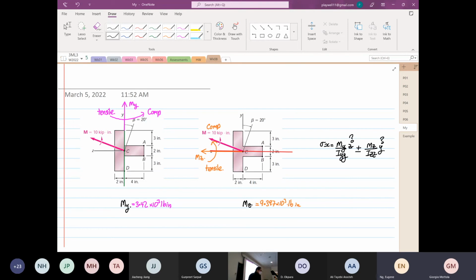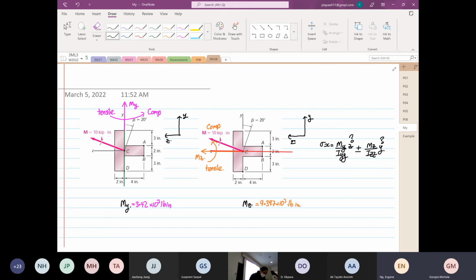As I said, I've been teaching this course since 2008. I see the mistakes, and this is the problem. You make sure you label that this is your y-axis and this is your z-axis. It will help you. So label this to say that this is your y and this is your z. Then you know which direction is the distance. If not, you get confused with the distance.